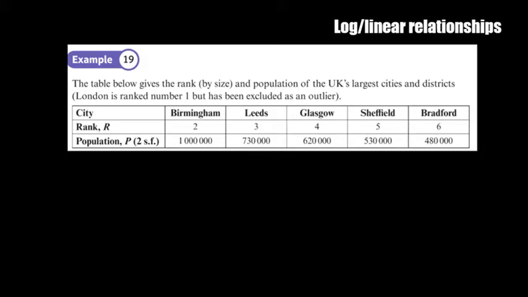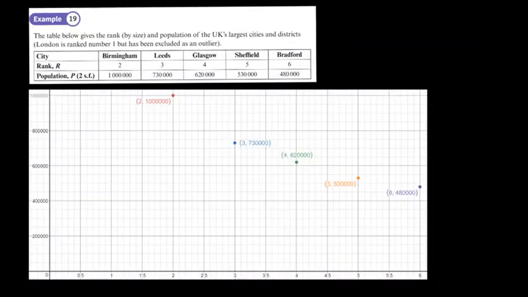If we plot that information, like so, we don't get a straight line relationship. We get a different sort of relationship here, against its rank.